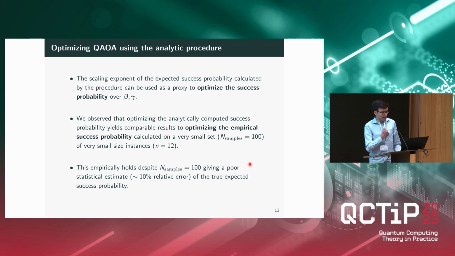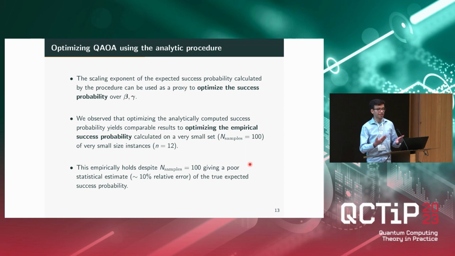Now, funnily enough, we observed that doing exactly what we said led to comparable results as compared to optimizing the success probability empirically. And by that, we mean really throwing a large number of small-size instances, say 100 size-12 instances, estimating probabilities fully empirically, and relying on that to train the variational parameters beta, gamma.